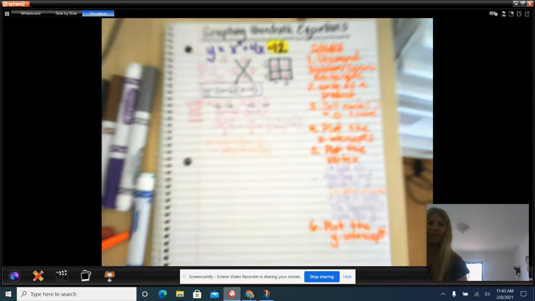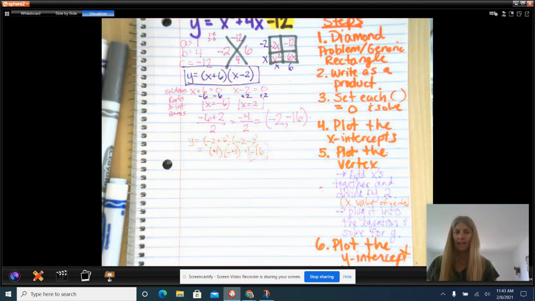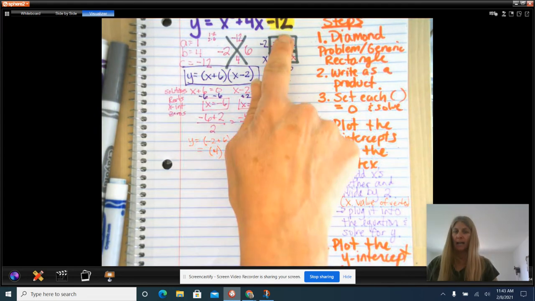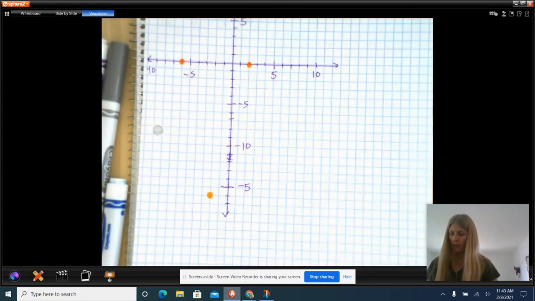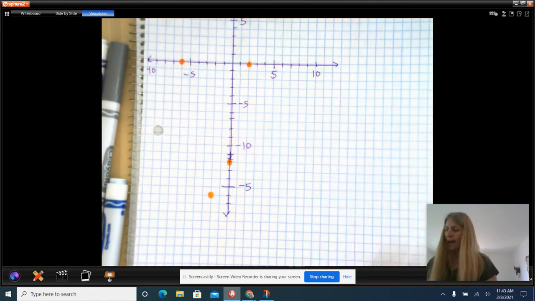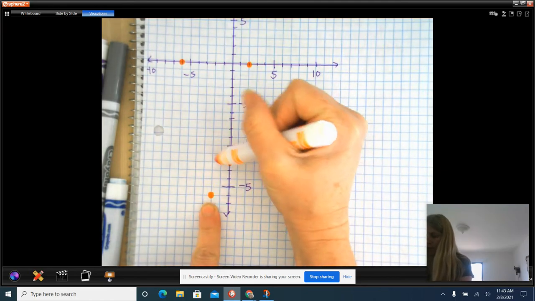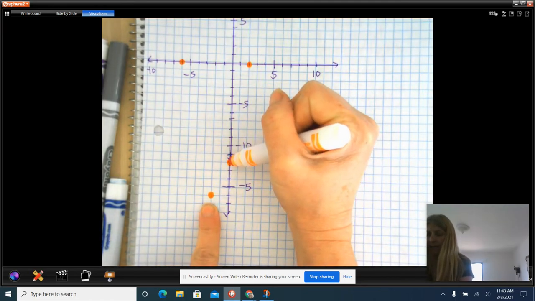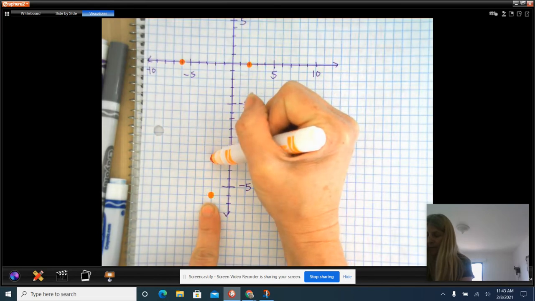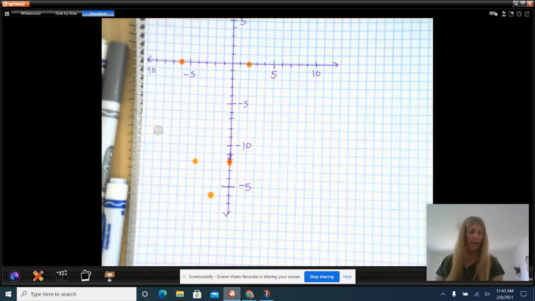So we're just going to plot on the y-axis -12. And because it's symmetrical, we know that from the vertex, 2 to the right is at -12. So I know because it's symmetrical, 2 to the left gives me an additional point on my graph.